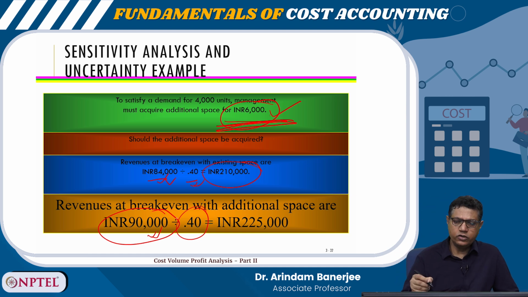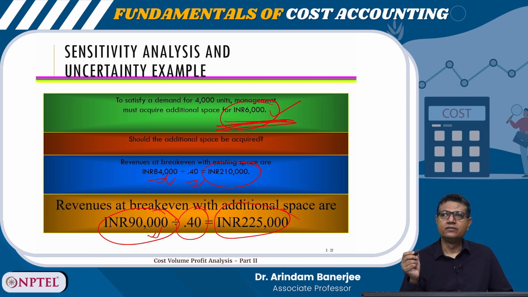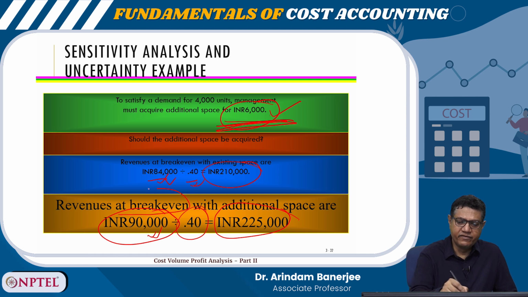So, now how much revenue is required? It is 2,25,000. So, this is my break-even revenue. My earlier break-even revenue is 2,10,000, my new break-even revenue is 2,25,000.